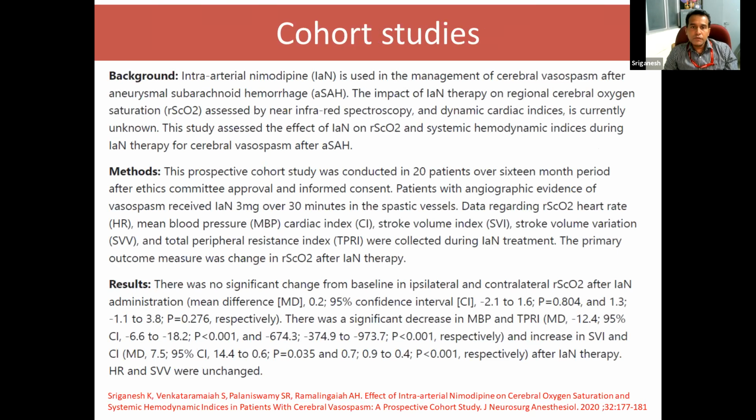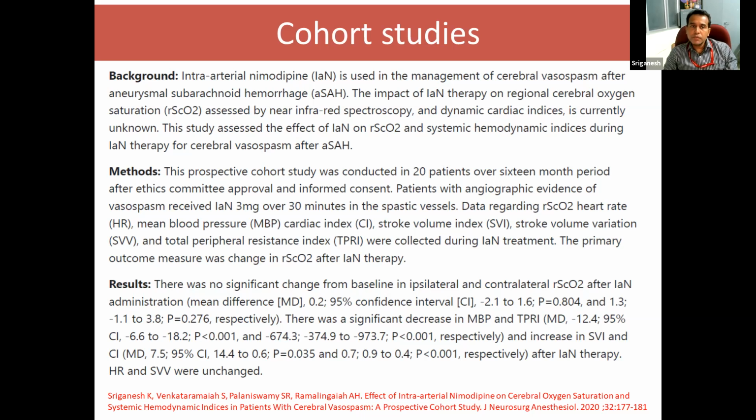Here is an example of a prospective cohort study. Here we are looking at the effect of intra-arterial nimodipine on certain outcomes. In this particular situation, it is regional cerebral oxygen saturation and certain cardiac measures.